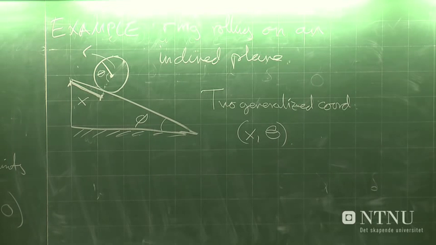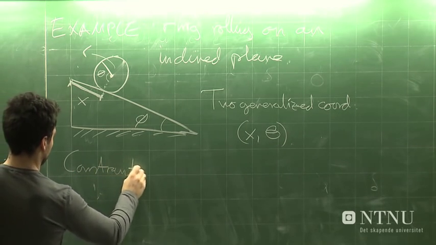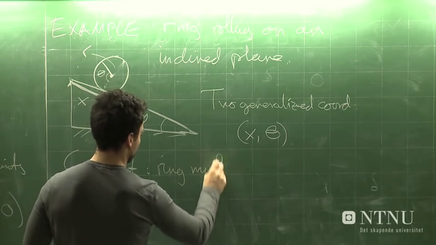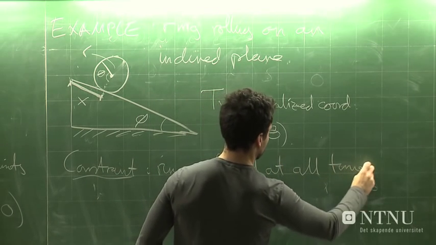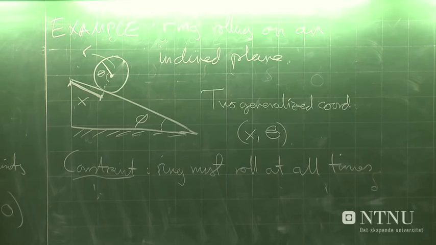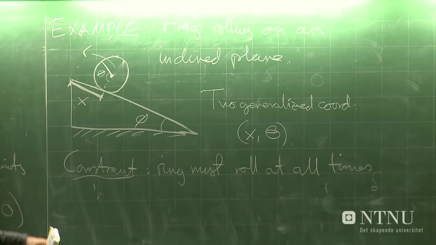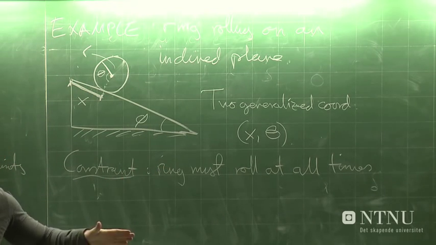And the constraint is that the ring will roll. And this is to be contrasted with a situation where it only slips, where it just glides down the plane without rotating, for instance. So our constraint here is that it simply rolls down the inclined plane without ever slipping.